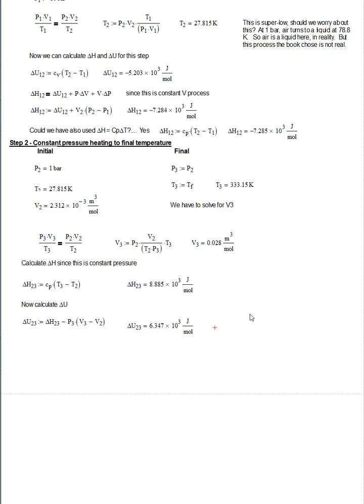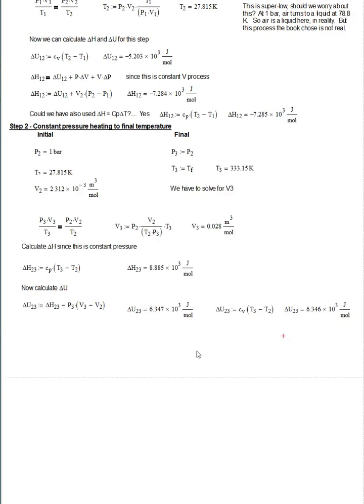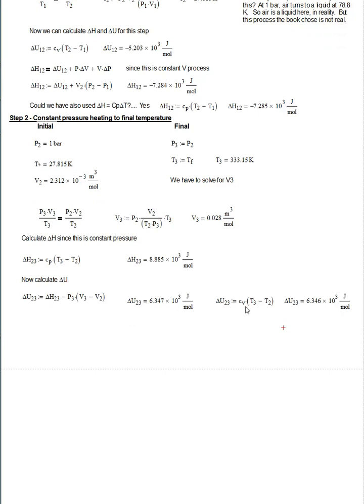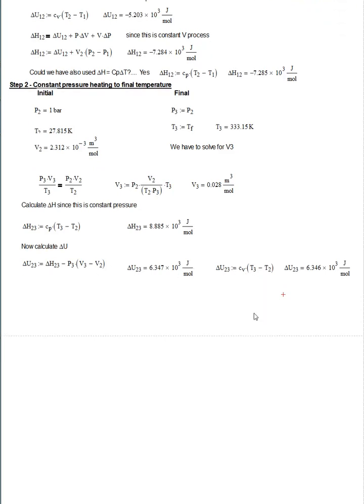We could also have used delta U_23 is equal to CV times T3 minus T2, and we get delta U_23. Is that the same answer? Yep, that is the same answer within round off error. So it's joules per mole. All right, so again, more than one way to solve that little calculation.